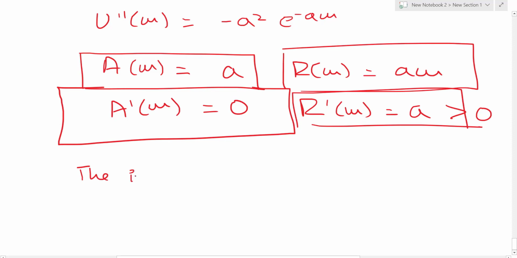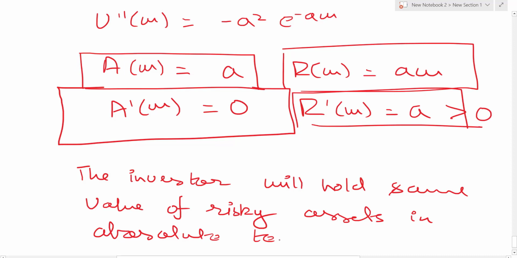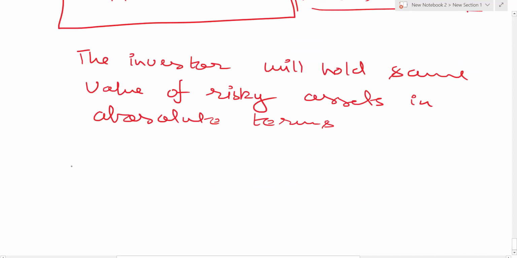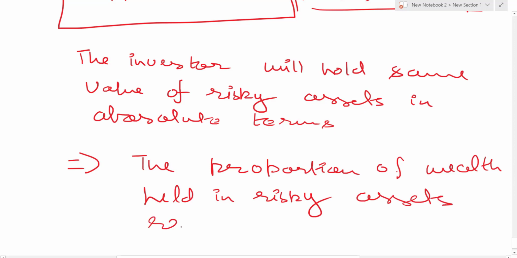The investor will hold the same value of risky assets in absolute terms, which implies that the proportion of wealth held in risky assets reduces as the investor grows richer.